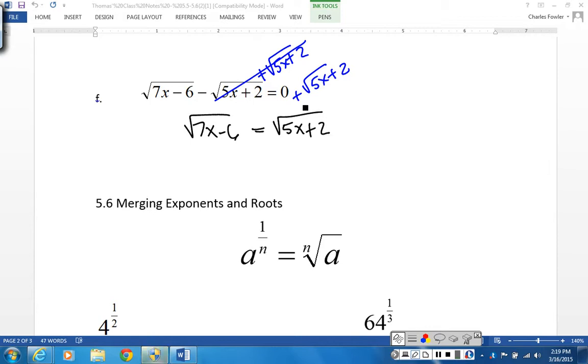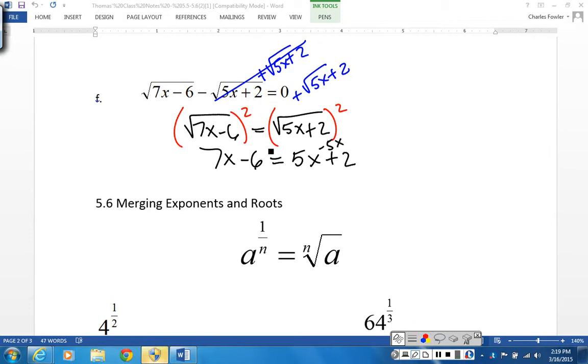How do we get rid of these square root symbols? All we need to do is square both sides. Doing that, we'll get rid of the radicals, and we'll have 7x minus 6 equals 5x plus 2. And now all we have to do is get our like terms together and solve for x.